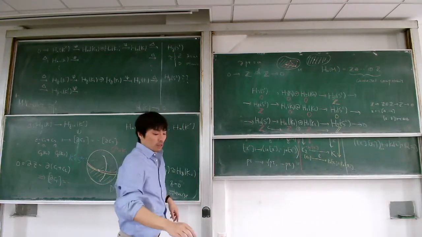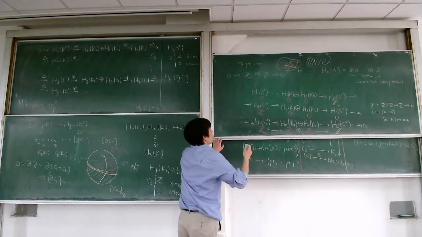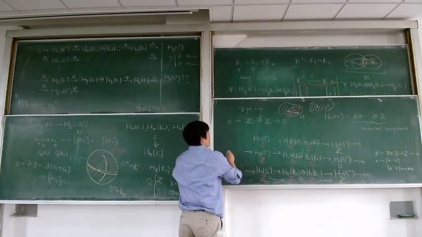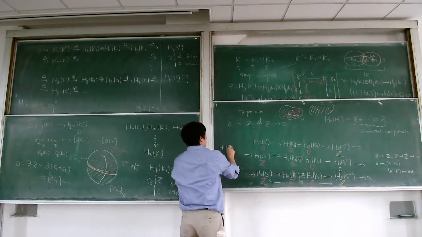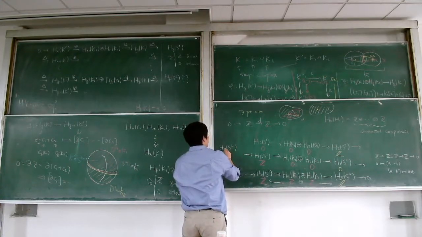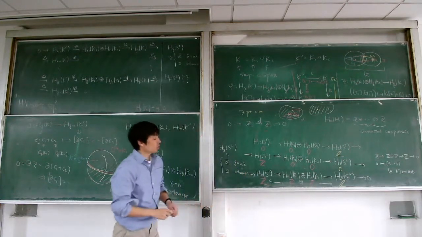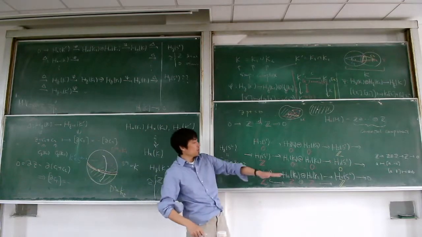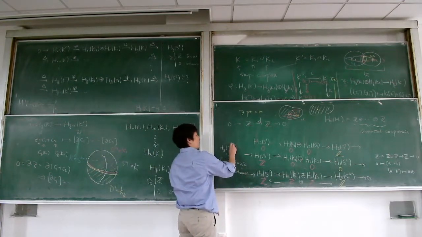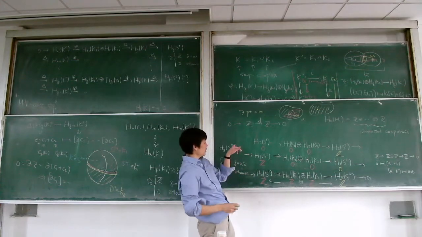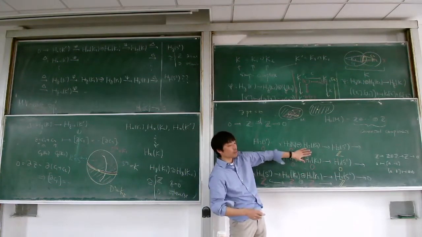So therefore, the homology group H_q of S2 is equal to Z when q equals 0 or 2, and 0 otherwise. The same situation will happen if you change to S^n: everything in the middle becomes 0.